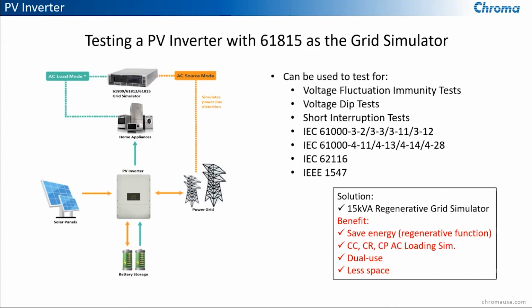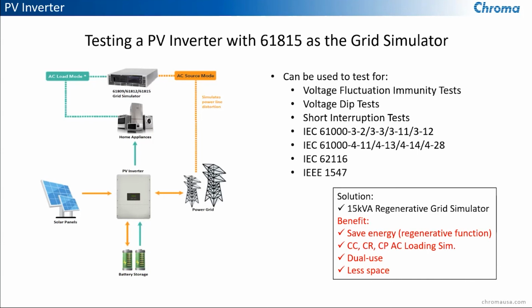And our regenerative grid simulator family includes advanced power line disturbance programming functions and is capable of simulating various types of distorted voltage waveforms and transient conditions. With these programming modes, voltage waveforms required by the immunity specifications, such as the ones that I previously mentioned, can be easily achieved. For example, with list mode, we can simulate a short interruption test.